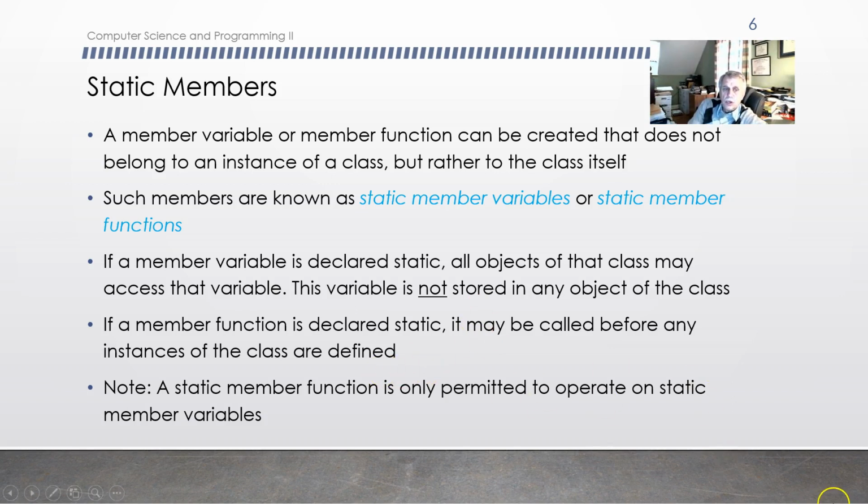So if a member function is declared static, it can be called before any instances of the class are defined, or even if no instances are ever going to be defined. That's what square root was from the math class. It's a static member function. So a static member function can only operate on static member variables, and cannot operate on instance variables.